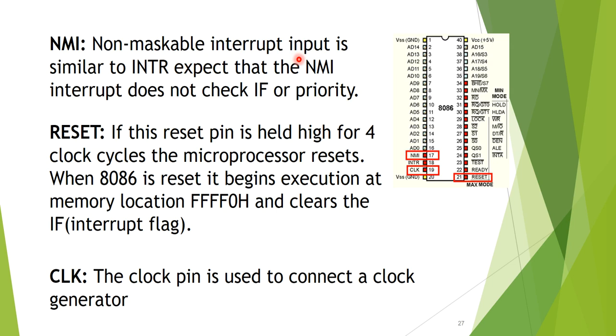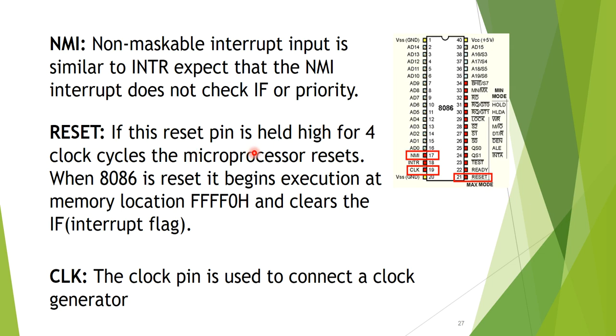So when this interrupt signal is generated, it does not have to check whether the interrupt enable flip-flop is enabled or disabled, and what the priorities among the interrupting signals are. So when this signal is generated, the microprocessor will accept it.